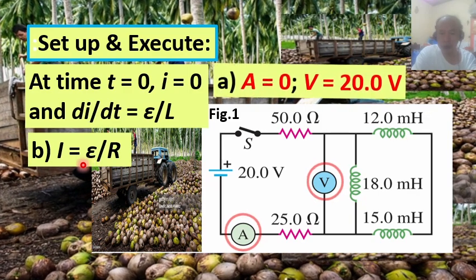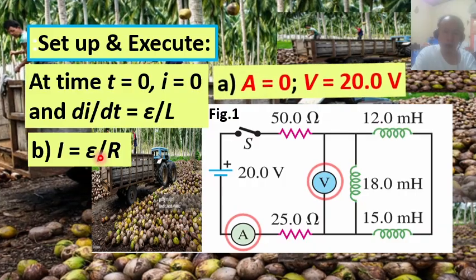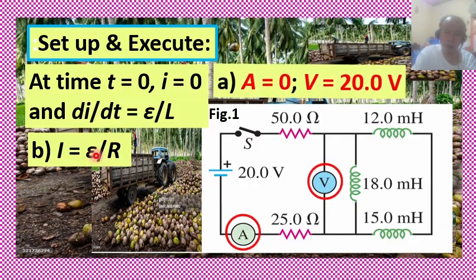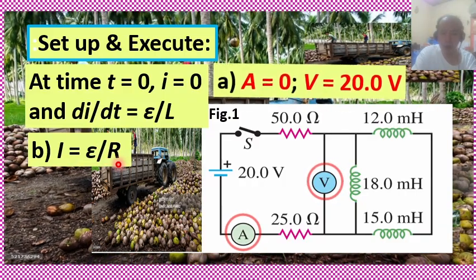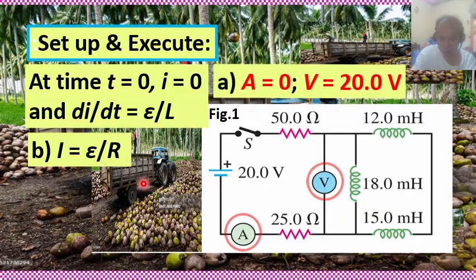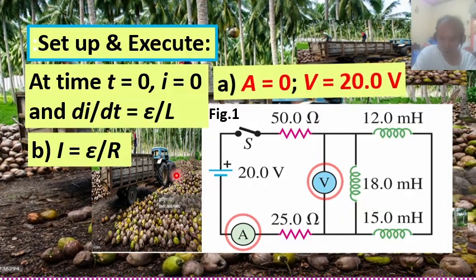And it is determined by simply dividing the EMF of the battery by its resistance big R.